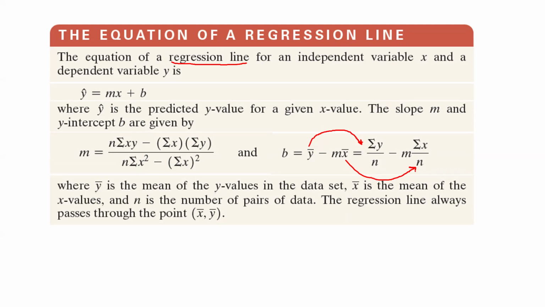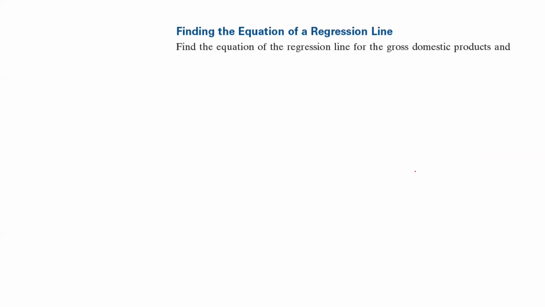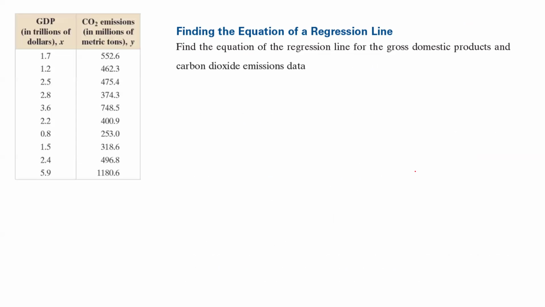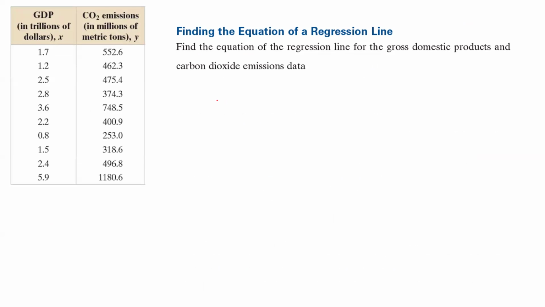We're going back to the GDP and CO2 emission example and calculating the regression line. Remember that you had your x values and also your y values.